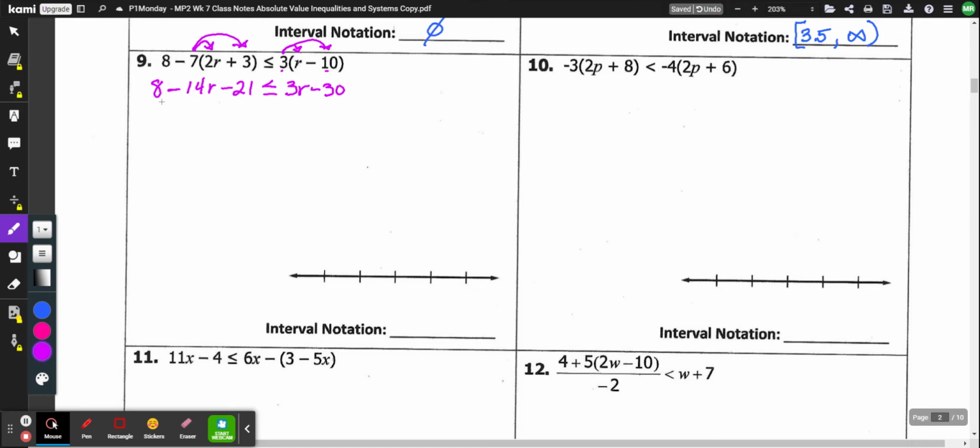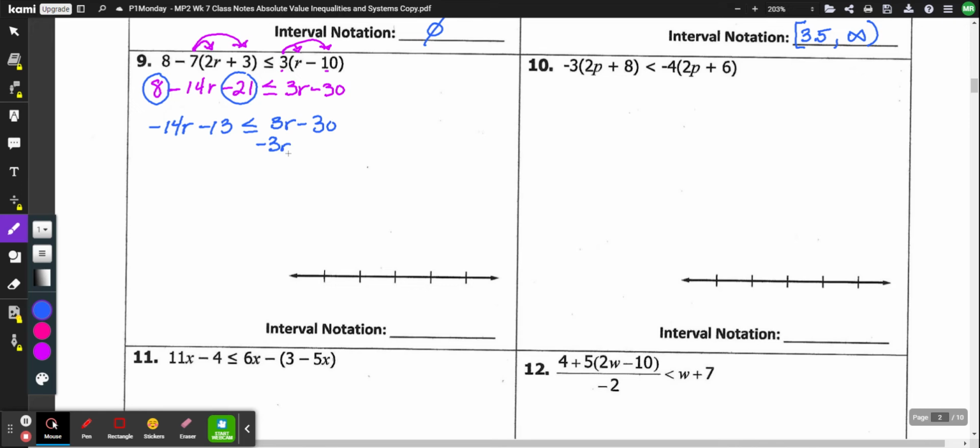Combine like terms. Let's do 8 and negative 21. 8 minus 21 is going to be negative 13. So we have negative 14r minus 13 less than or equal to 3r minus 30.